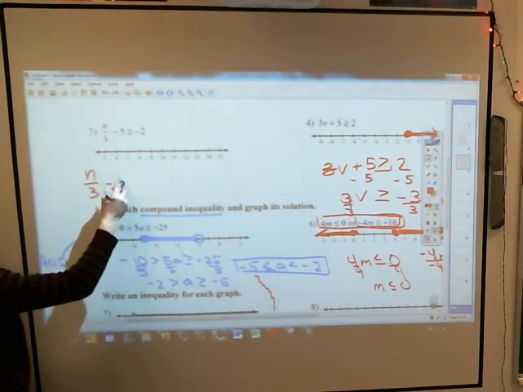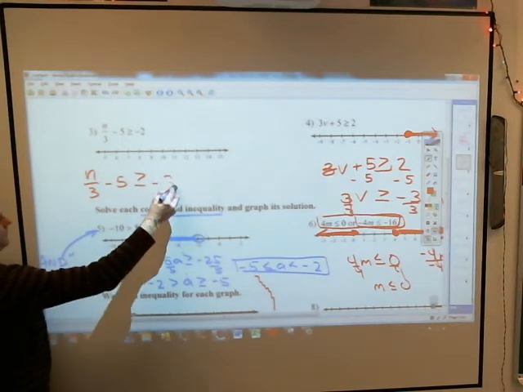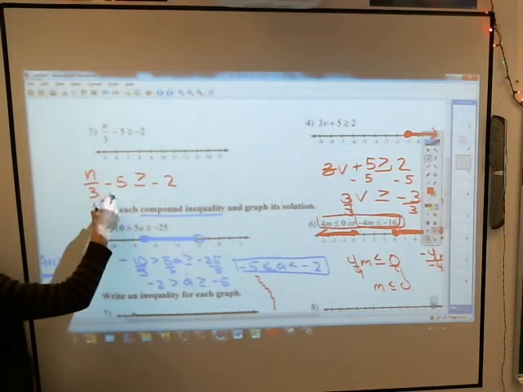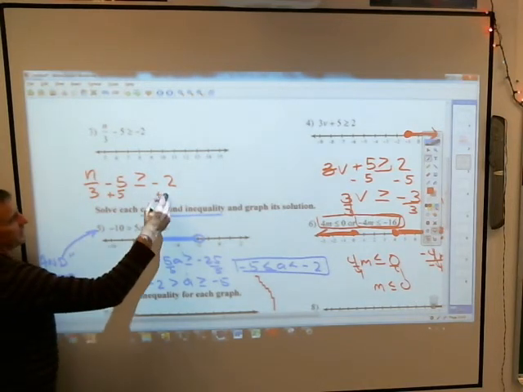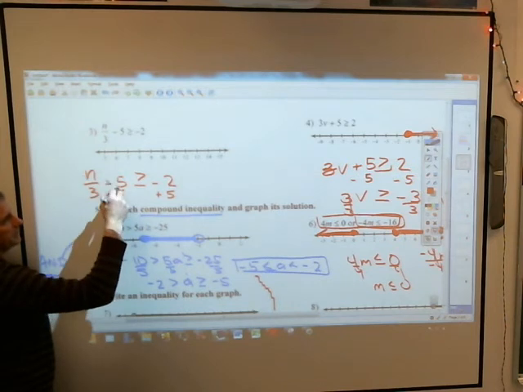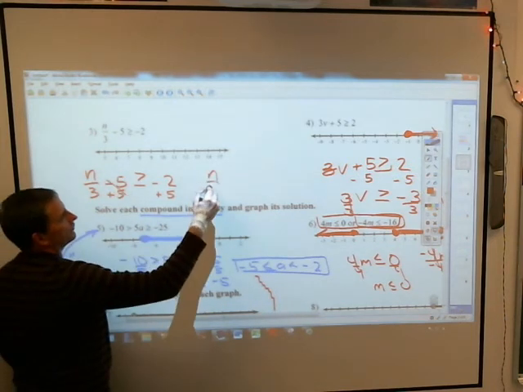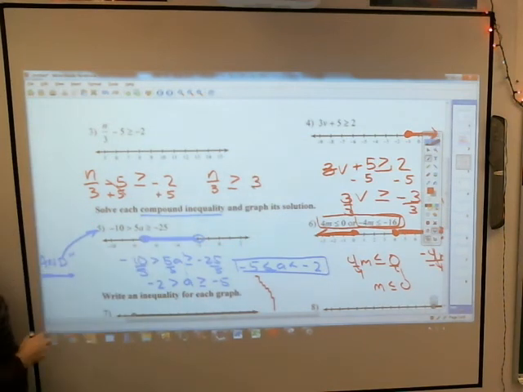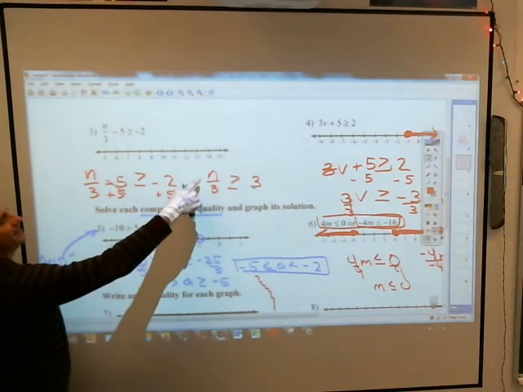n over 3 minus 5 is greater than or equal to -2. Jade, first thing you do is? Add 5. Right. Does the sign change when I add 5? It does not. I'm not changing the letter. So now I have n over 3 is greater than or equal to +3, right? -2 plus 5. And then, to get n by itself, this is n divided by 3.